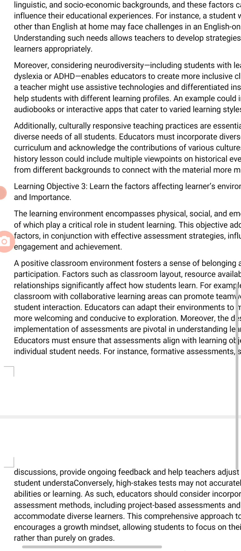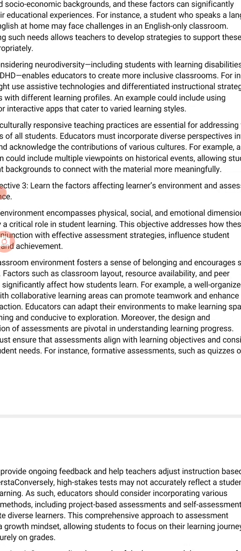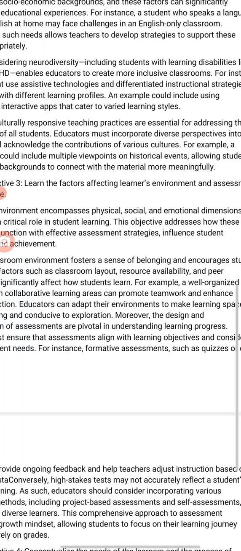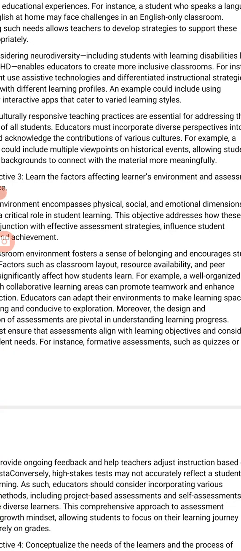For example, let's say a history lesson could include multiple viewpoints on historical events. Can you see? Allowing students from different backgrounds to connect with the material more meaningfully. Are you getting it? So if you look at it, you'll discover that in the African context, in history, there are some minor languages which have a rich culture, but this culture is not being incorporated into the curriculum.